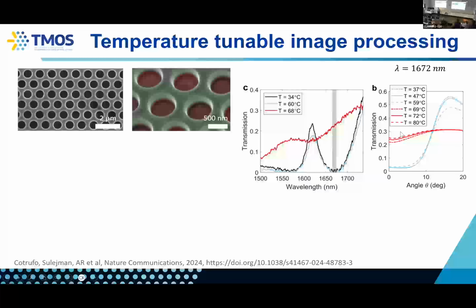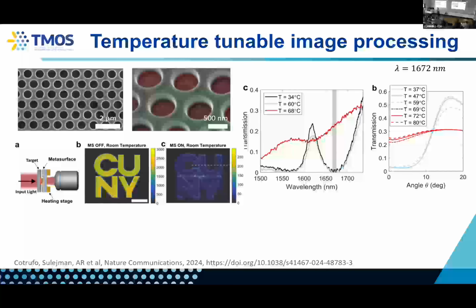As the VO2 undergoes the phase transition, however, this plot, which is effectively the transfer function, flattens out. So what we would expect is at low temperatures, we would block low spatial frequencies, but at high spatial frequencies, we would just end up with a faithful reproduction of the transmitted field.